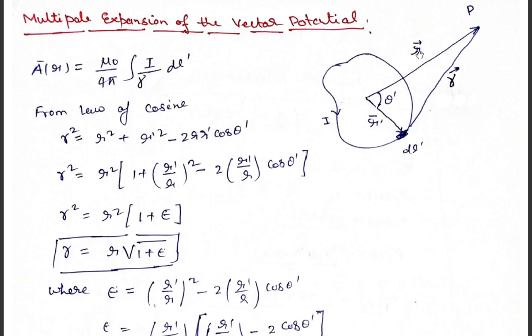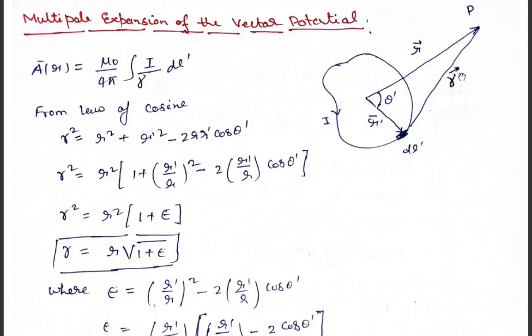The point of observation is a function of x, y, z, and this distance is the vector r. If this is the vector r and this is the vector r prime, and theta prime is the angle between them, then the vector from the localized current to the point of observation, I have defined as gamma.